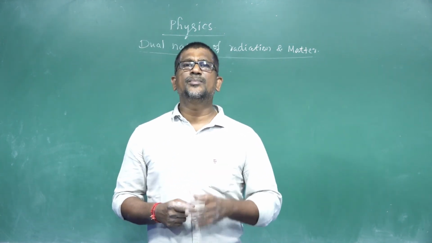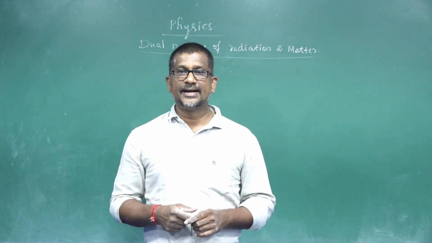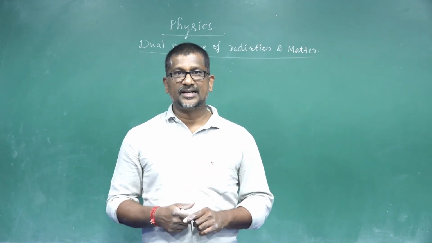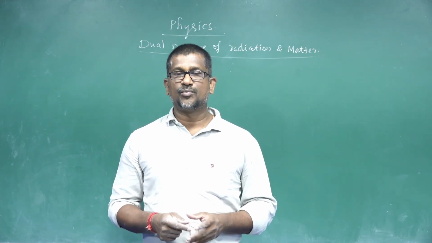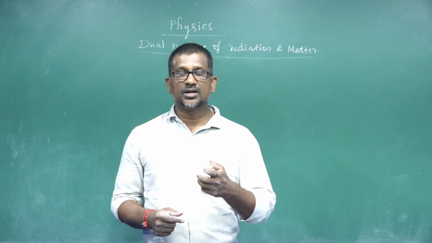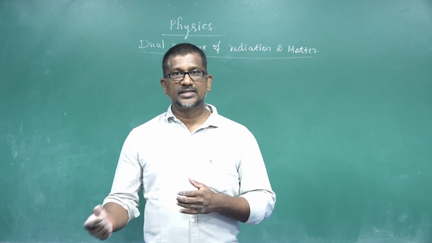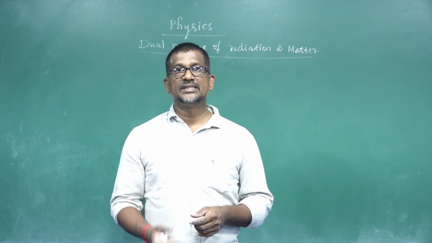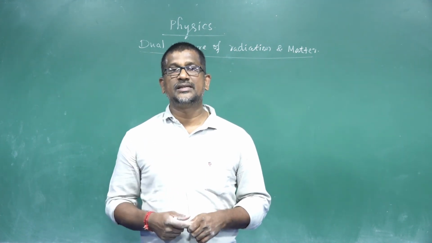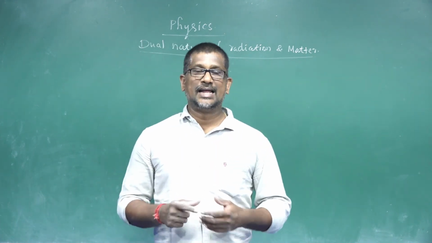Second, the energy of the photon is determined by the frequency of the radiation, not by the intensity of the radiation, right? And third, the photon travels with the velocity of light, so it possesses a linear momentum. It is given by P = E/c, or P = hν/c, or P = h/λ, right?